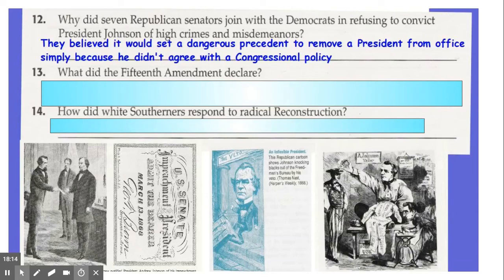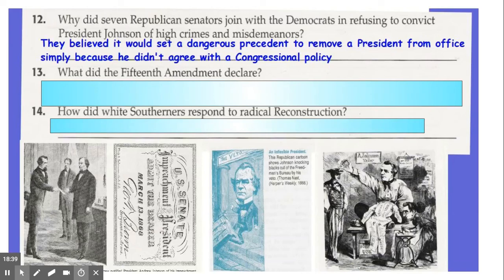And what ends up happening is Ulysses Grant runs for president and becomes your next president. But needless to say, Johnson's going to be your first president to be impeached. There has only been one other president who has had to face impeachment and also survived conviction from the U.S. Senate, and that was Bill Clinton in the 1990s.